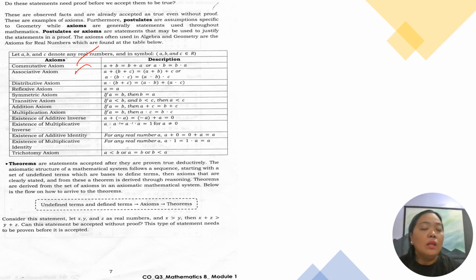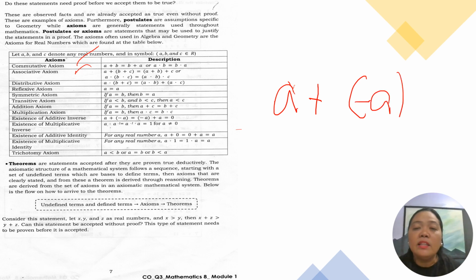For example, positive A. What must be added to positive A in order to get the sum of 0? If A will be added by the opposite of positive A, which is negative A, then the sum is 0.